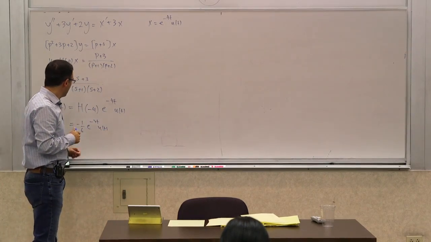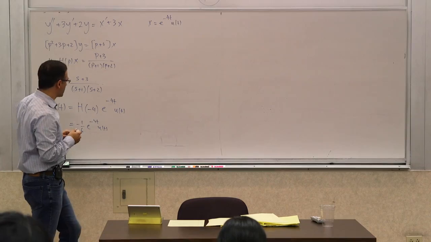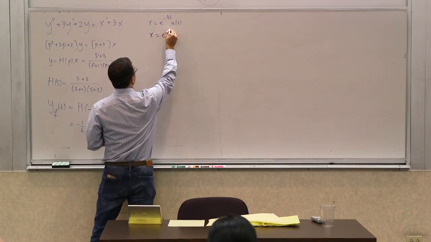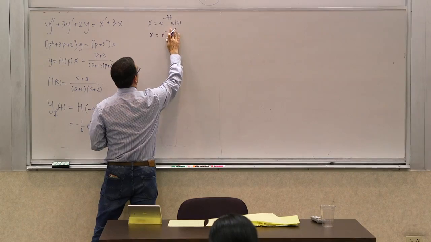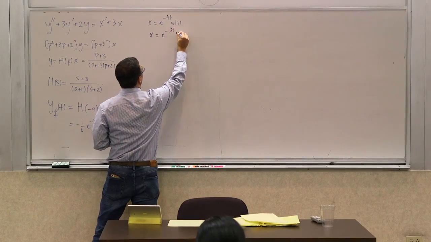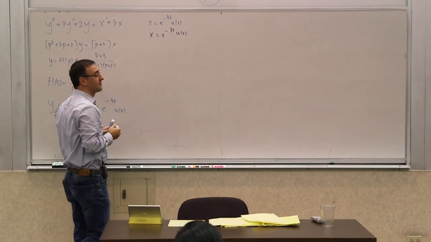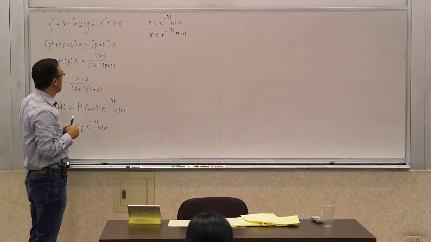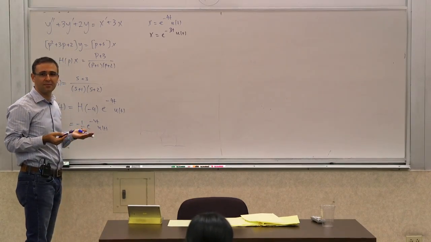Why do we say that? Well, let's just try a different frequency. So this is like a first example. Let's say another x, e to the negative 3t this time, u of t. What is its response to that? How do I calculate it? Same deal, right?